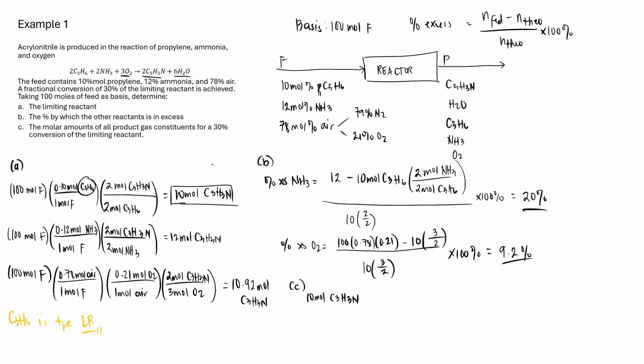And for H2O, we could just use the stoichiometric coefficient. For every 2 moles of C3H3N, 6 moles of H2O, so that's 30 moles H2O.